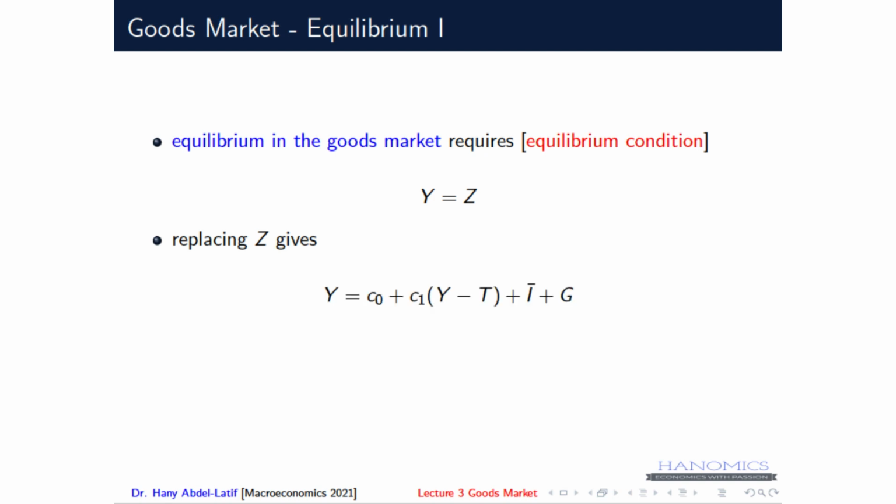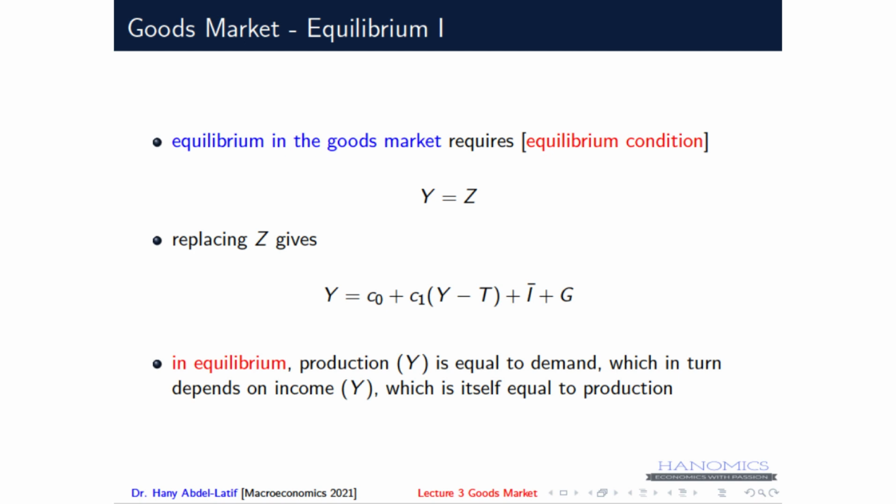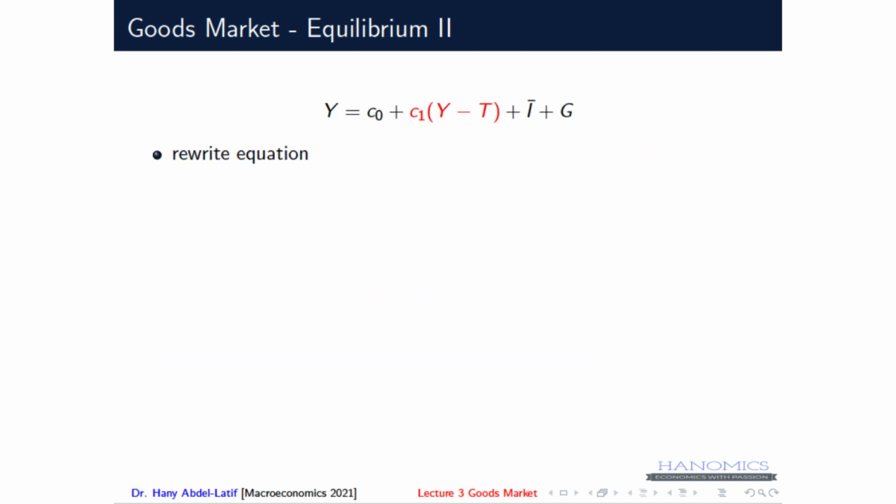So now we know that Y, the output level, equals this part, which is the total demand Z. In equilibrium, production Y is equal to demand, which in turn depends on income, or Y, which is itself equal to production. We could write this equation by just expanding this bracket here in red color. So Y equals C0 plus C1Y minus C1T plus I plus G.